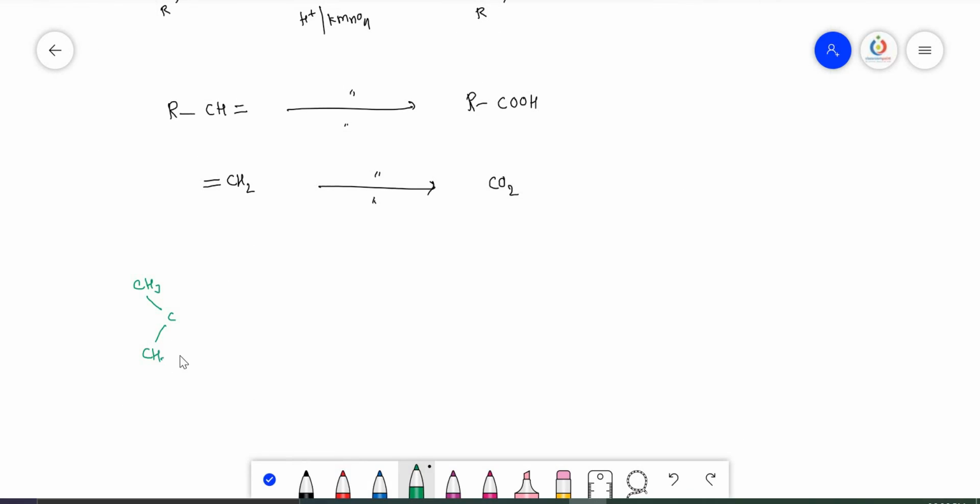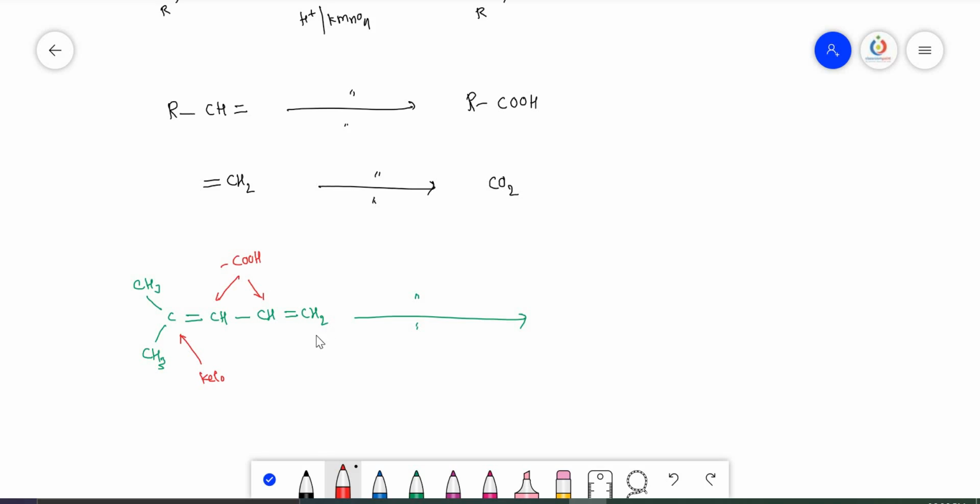CH3C, I am giving an example, CH3 double bond CH double bond CH2, you can see now. So use these reagents. Since this carbon has a double bond with 2 alkyl parts, it will be converted to the keto group. And here the double bond carbon atoms have hydrogen, so they will be converted to the carboxylic acid.